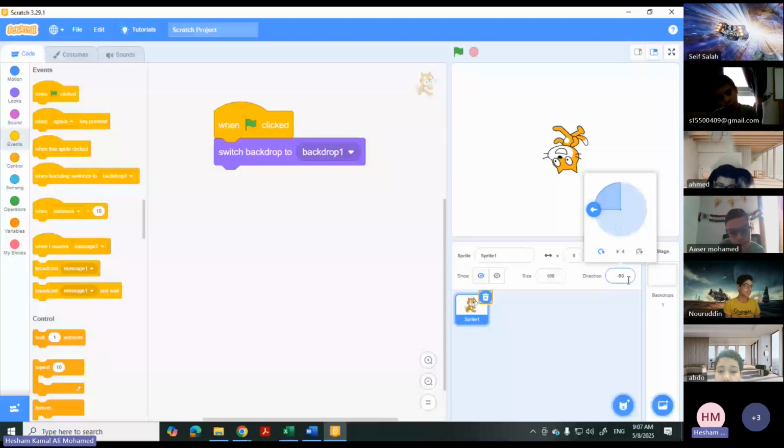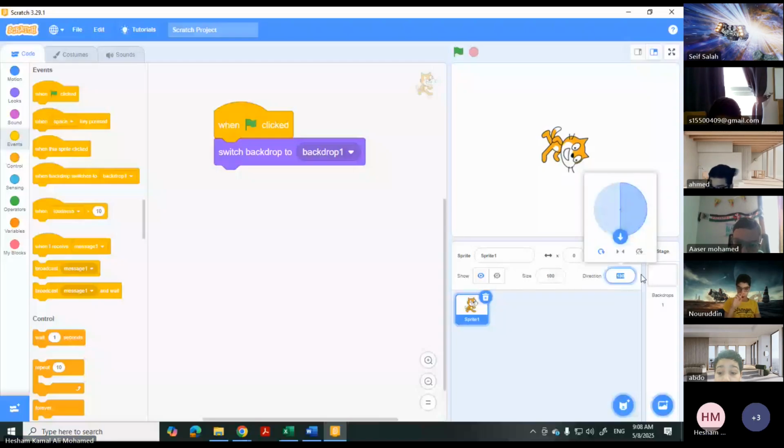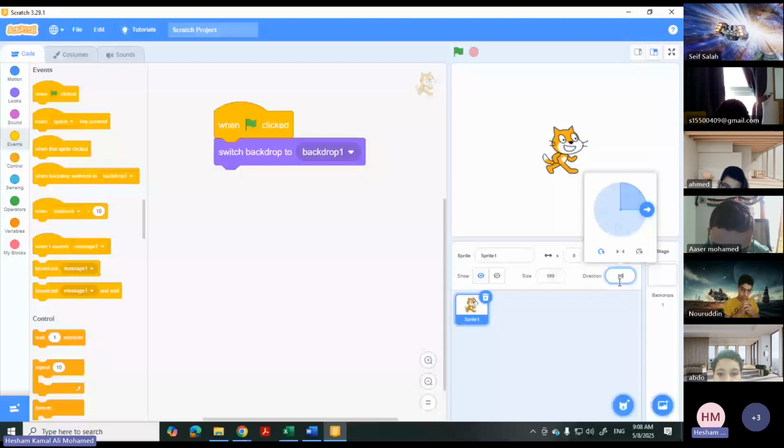How about if I go down? In Scratch, it's 180, right? In the coordinates, it's 270. And here I return back here. Of course, in Scratch, it will be 90, but in the coordinates, it will be 0. Did you get this? There is a difference between Scratch and the coordinates. That's what I need you to understand.